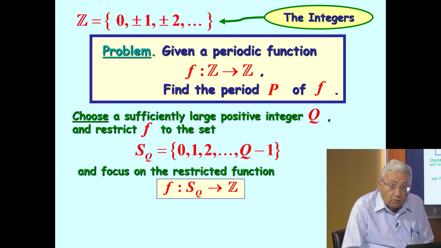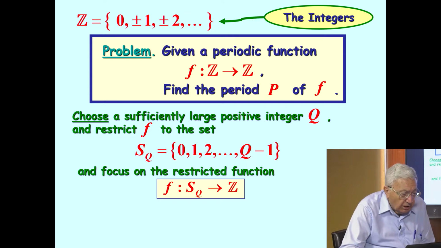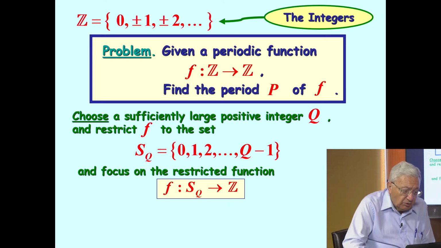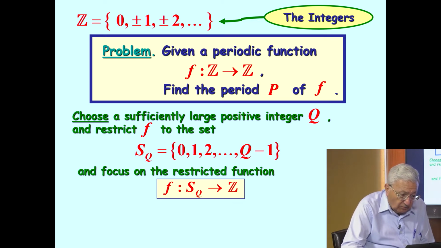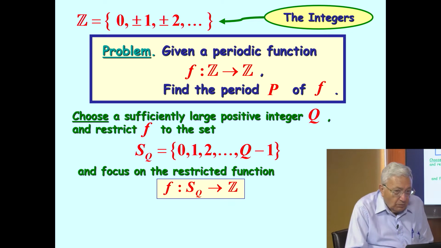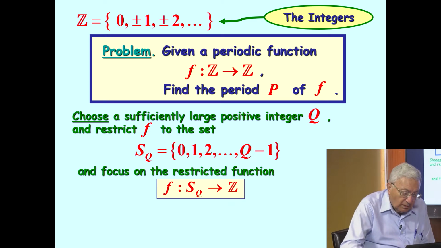This is a function over an infinite domain, so we need to restrict the domain Z. So we will choose a sufficiently large positive integer q and restrict f to the set of integers from 0 to q minus 1 and focus on the restricted function. In so doing, the period we find will be an approximate period. We'll talk about that later.